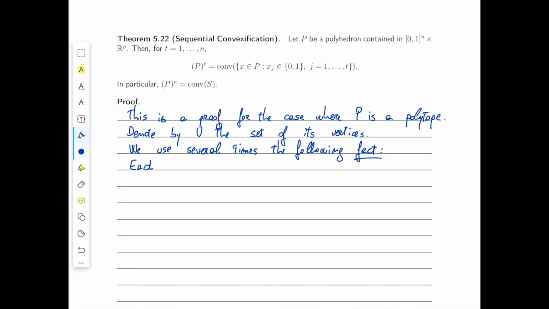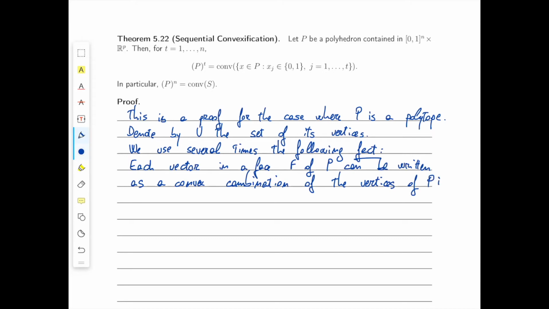Each vector in a face F of P can be written as a convex combination of the vertices of P in F.